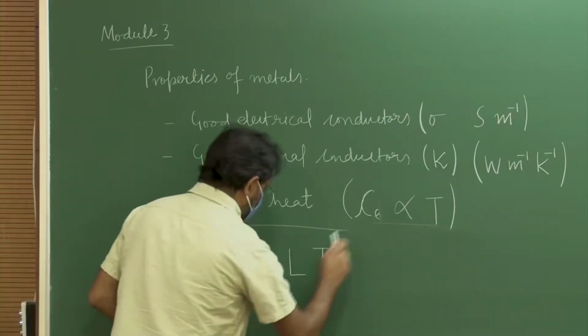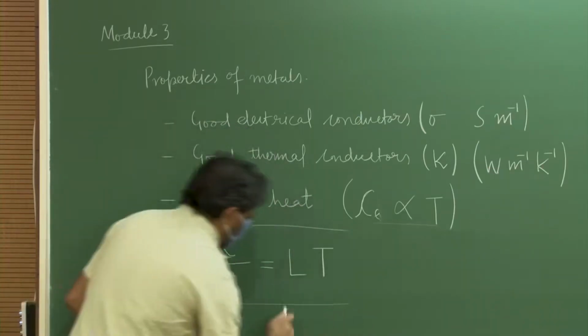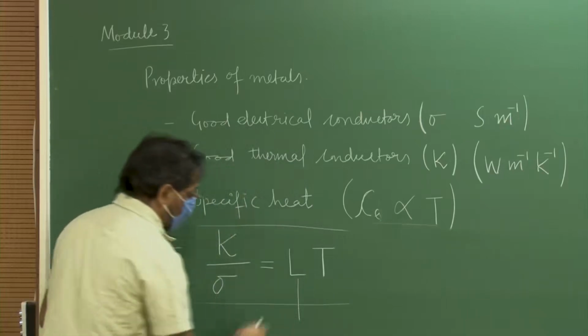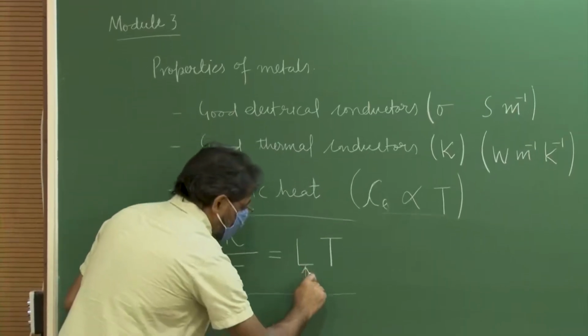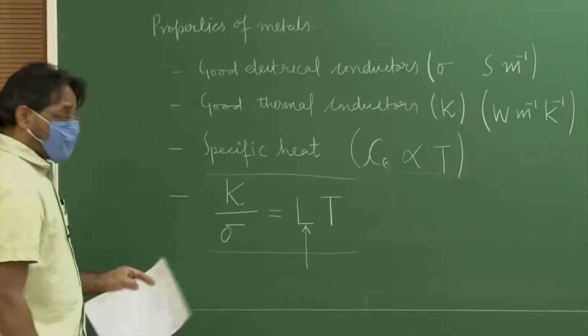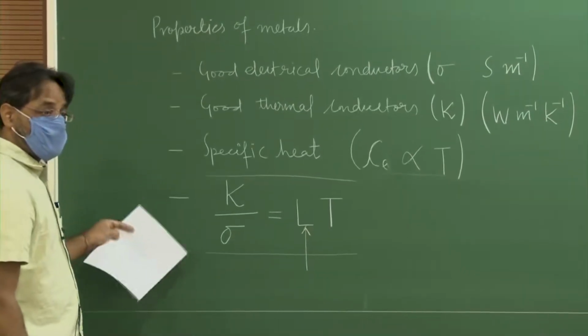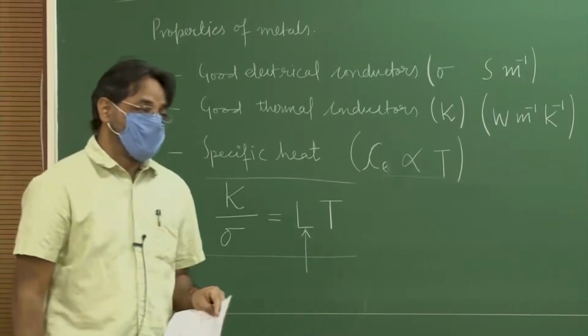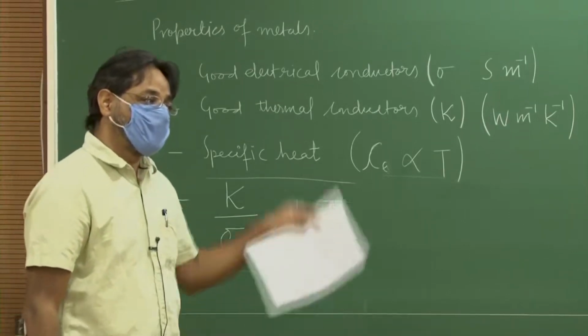This is an astounding result. This constant L is known as the Lorentz number in current times, and this Lorentz number is fixed for all metals.